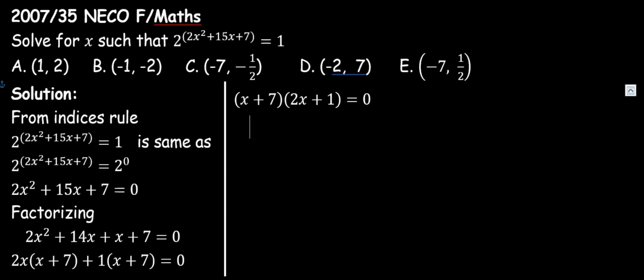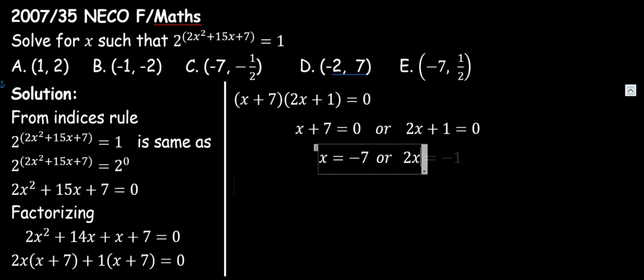That's the same as x plus 7 is equal to 0, or 2x plus 1 is equal to 0. And that is to say x is equal to minus 7, or 2x is equal to minus 1, that is x is equal to minus 7, or minus 1 over 2.